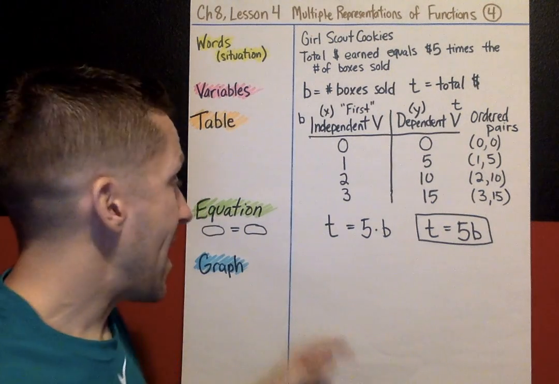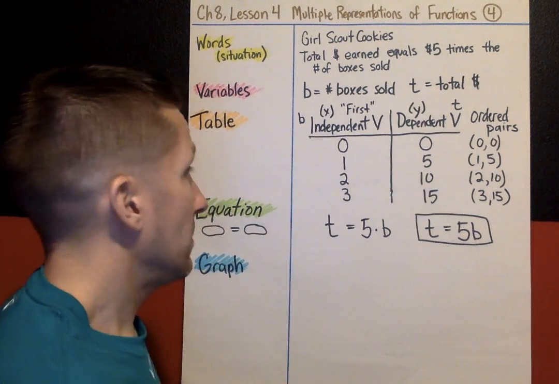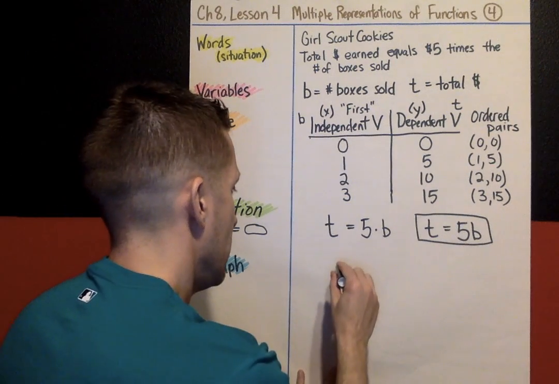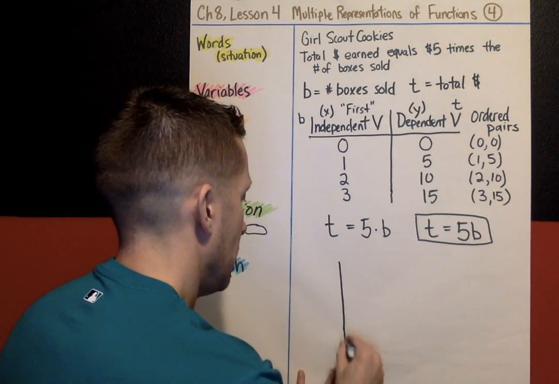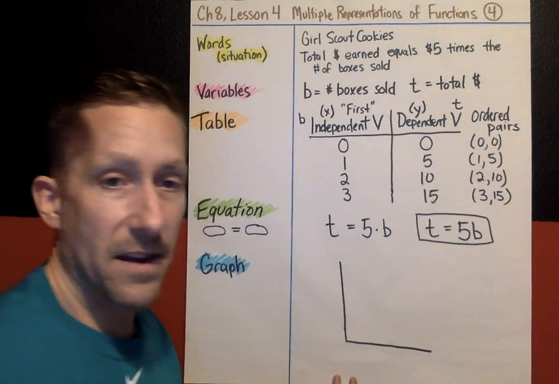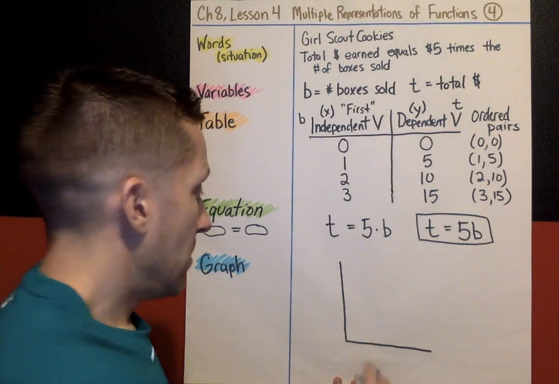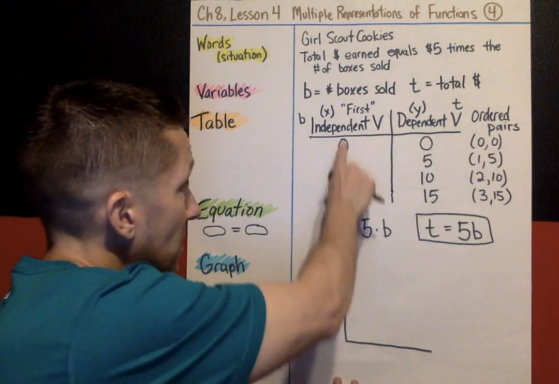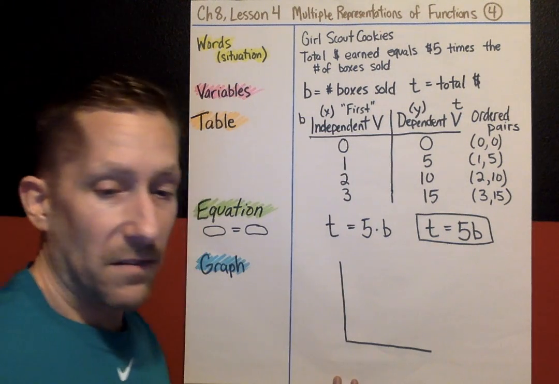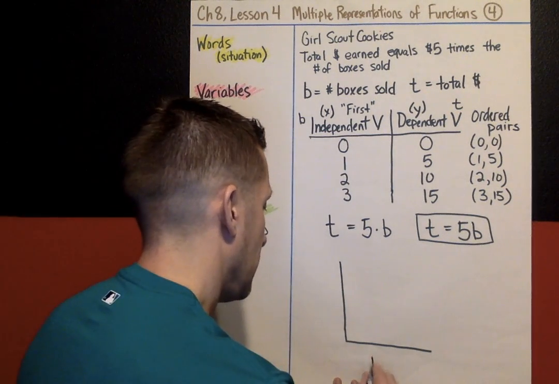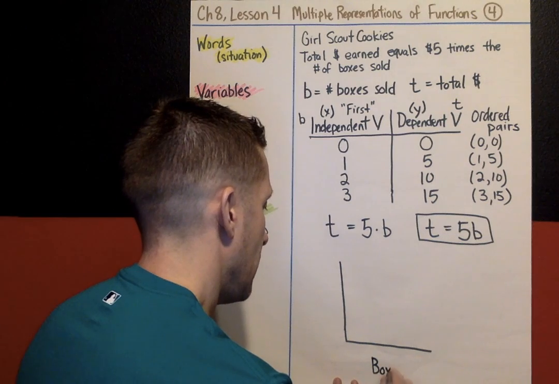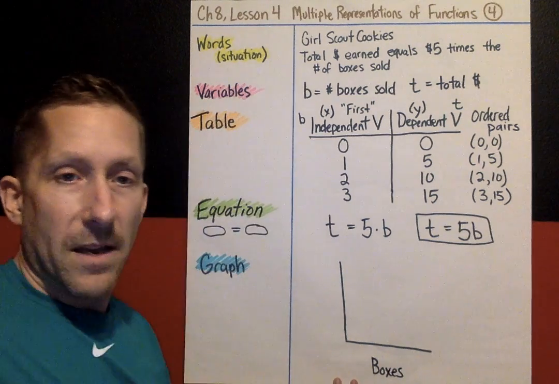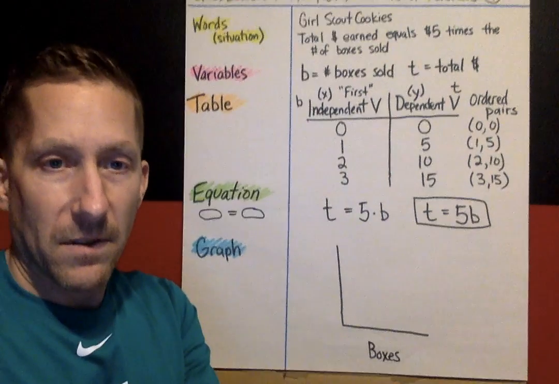So if we were to graph this function right here, I'll make a graph as neat as I can. The independent variable goes on the bottom, which is the number of boxes. So I'm going to write boxes down here, and tilt this camera a little tiny bit.